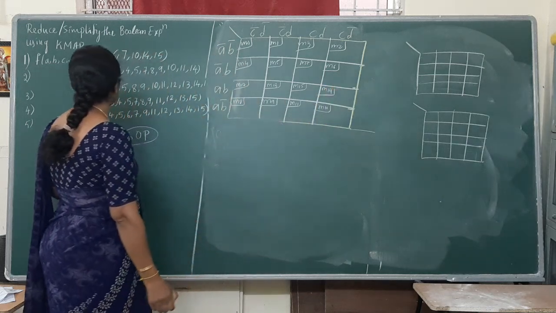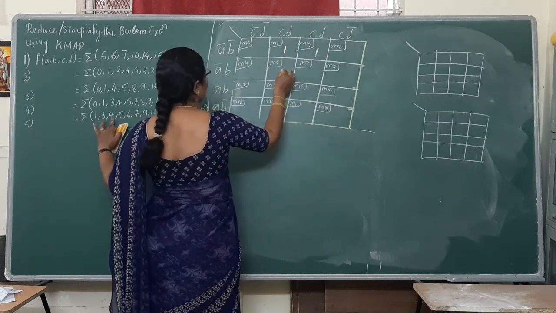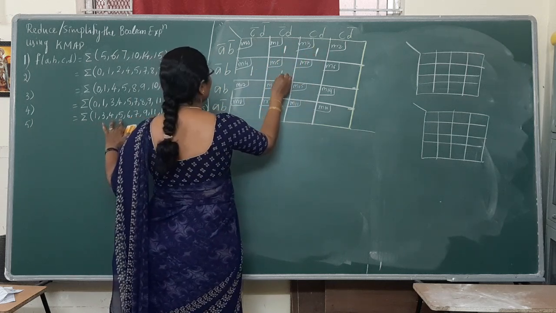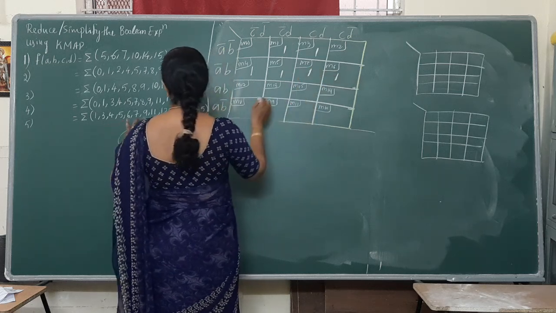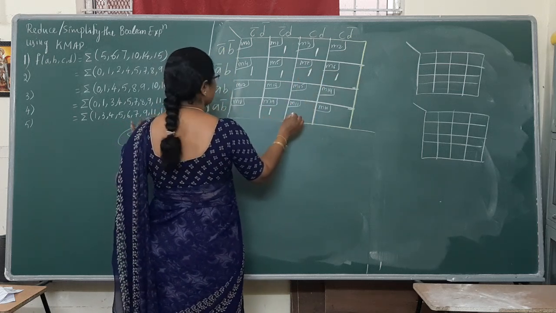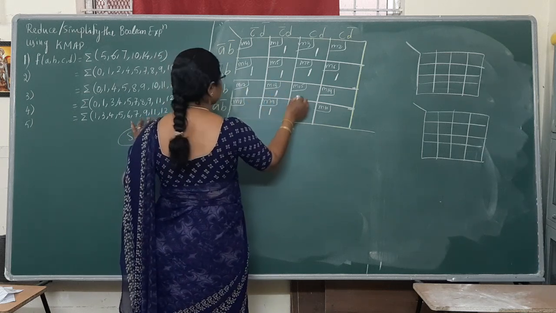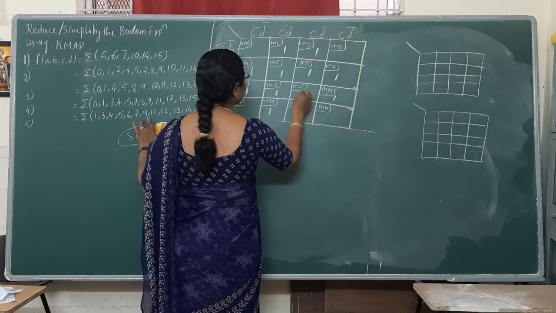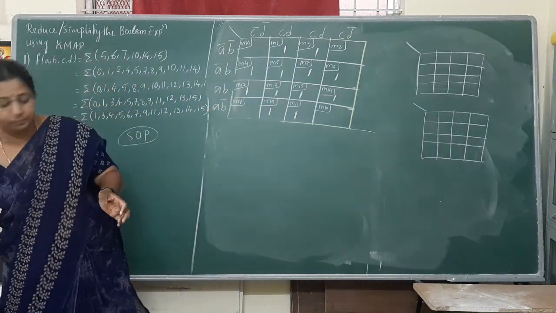Okay, what are the variables present? 1 is present, 3 is present, 4 is present, 5 is present, 7 is present, 9 is present, 11 is present, 12 is present, 13 is present, 14 is present, 15 is present. That means how can we do it here?